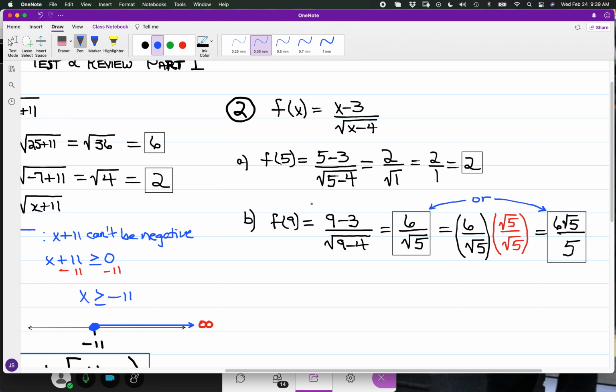All right. Now, for the determination of the domain, again we have f of x equal to x minus 3 all over the square root of x minus 4.